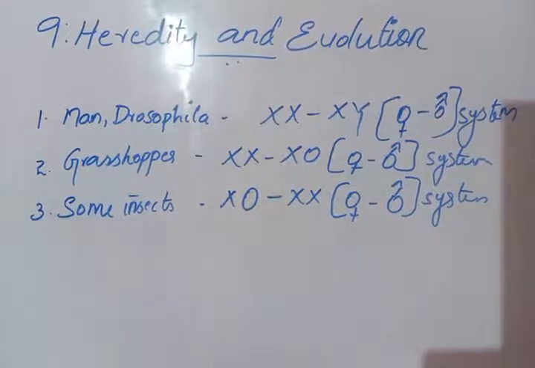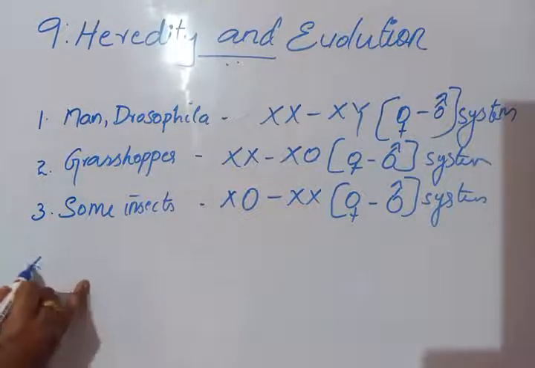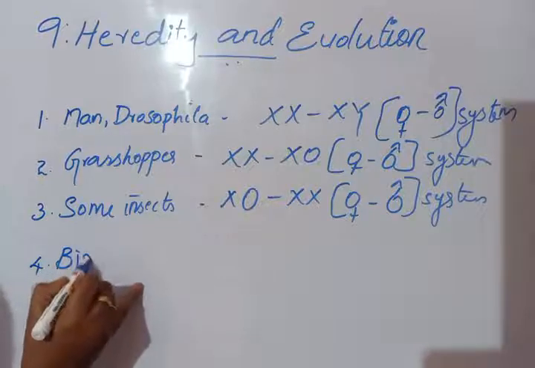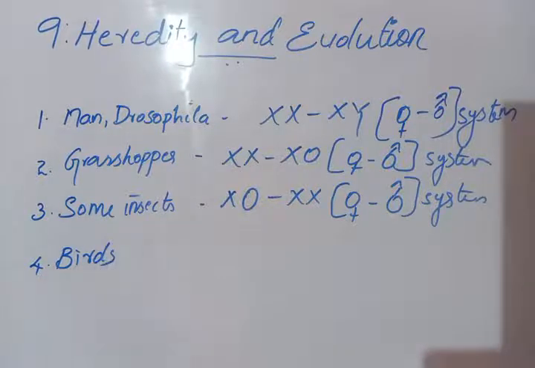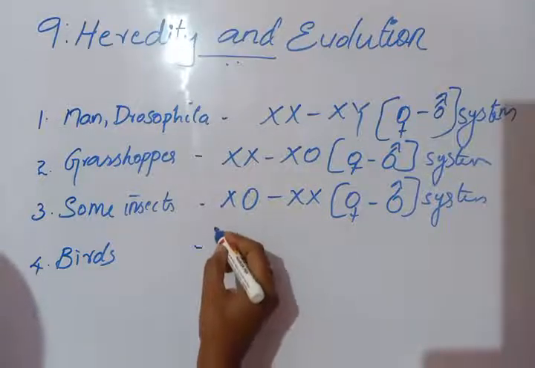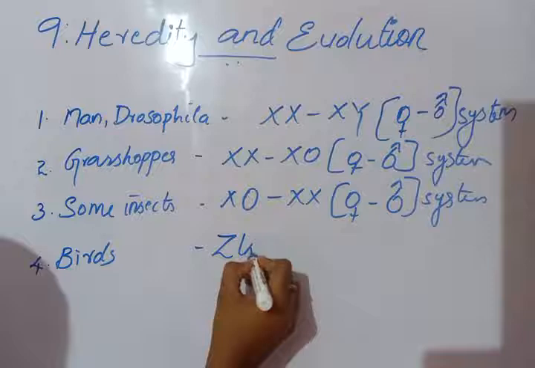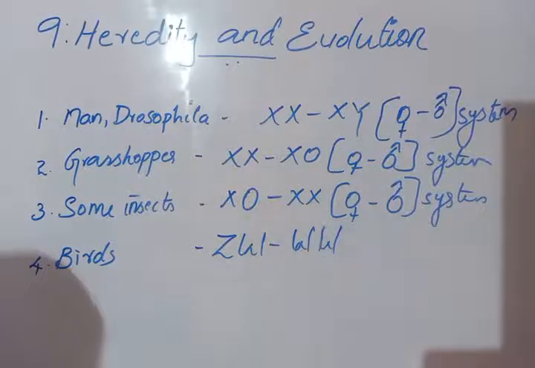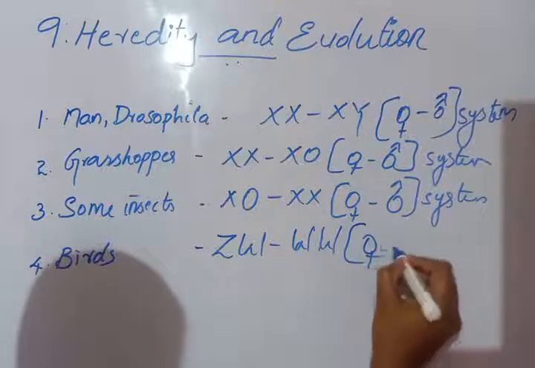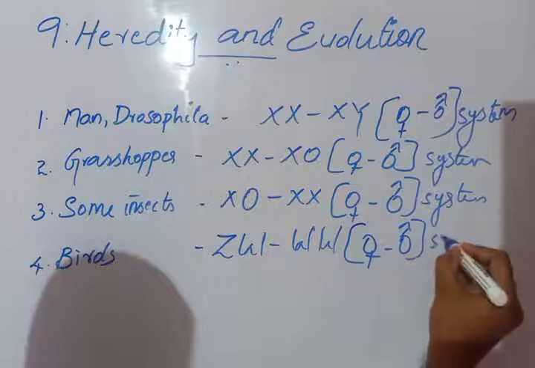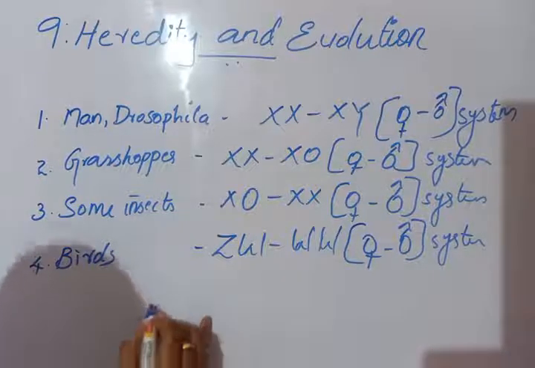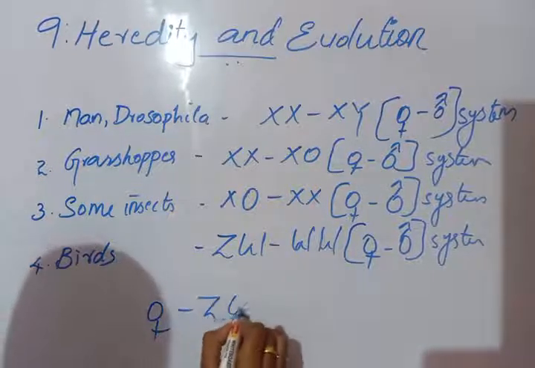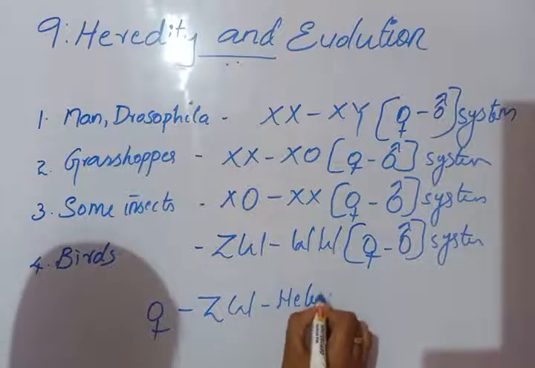Then finally birds. Birds may contain hen, everything. Birds follow the ZW, WW system. This is also a female-male system. Here the female is ZW, that is heterogamete.